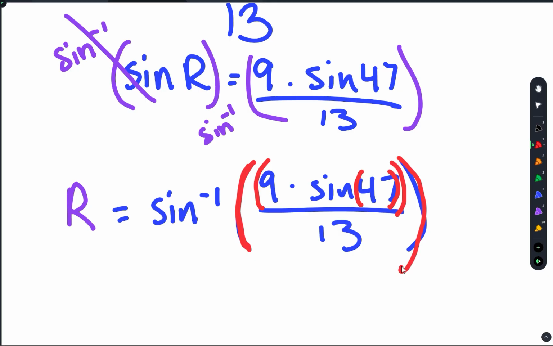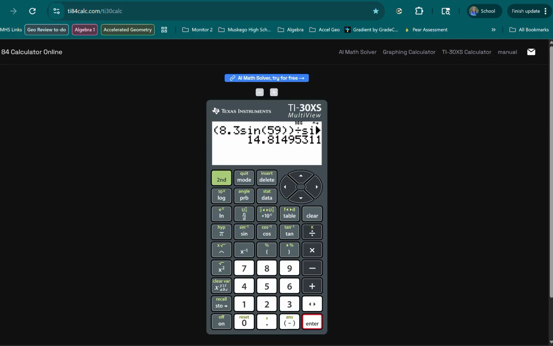There are a lot of parentheses going on in here. Let's type them out. So I want sine inverse. Numerator is 9 sine 47. Close the sine, close the numerator. Divide that whole thing by 13. Close the inverse sine.